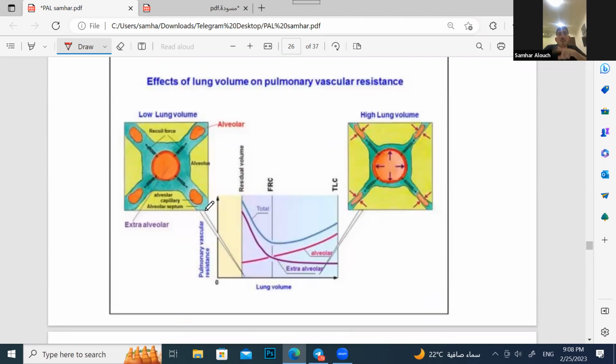This concept is something we just talked about, but now it's a graph. Let me remind you, we have two types of vessels, actually three, but we care about two. We have the alveolar capillary, and we have the extrapulmonary vessels. The alveolar capillary are between the alveoli.